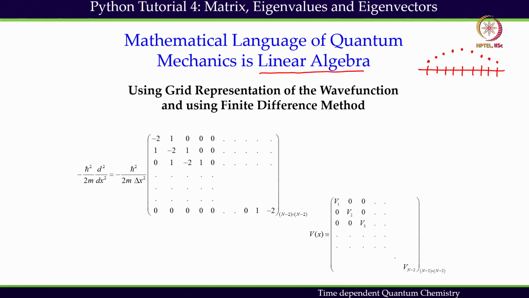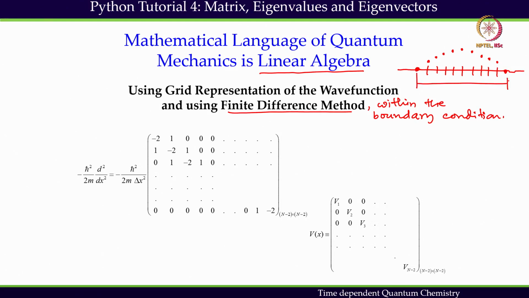So, within this grid representation, using the finite difference method and the boundary condition. Boundary condition means that the wave function value would be 0 at these boundaries of the grid.